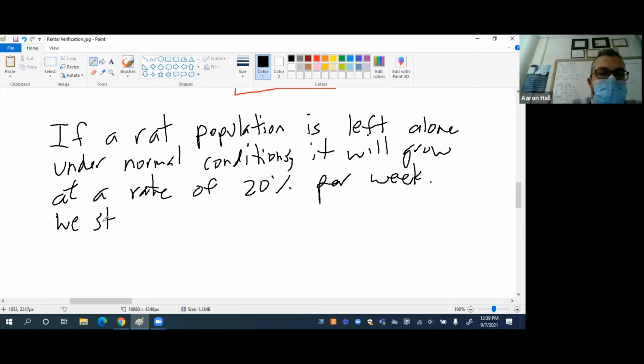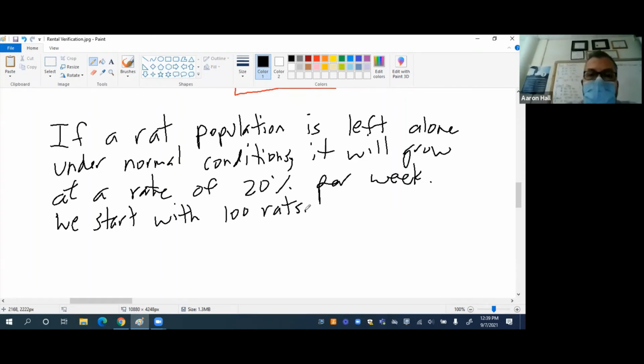We start with 100 mice or rats. What is an equation for this situation?